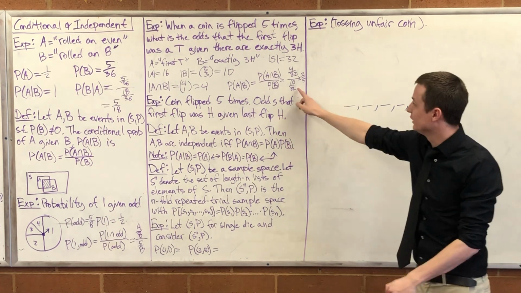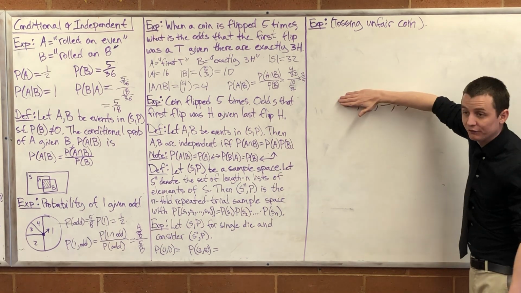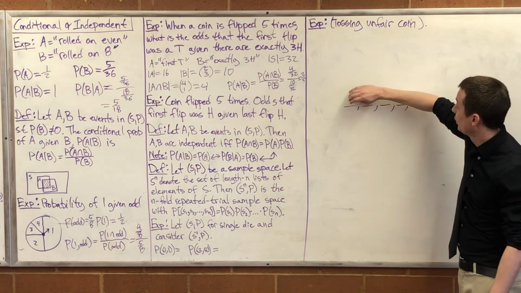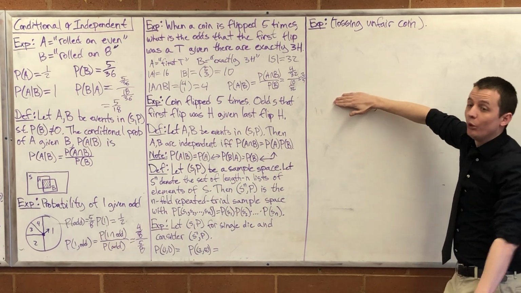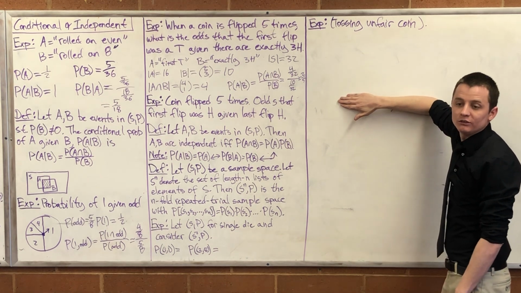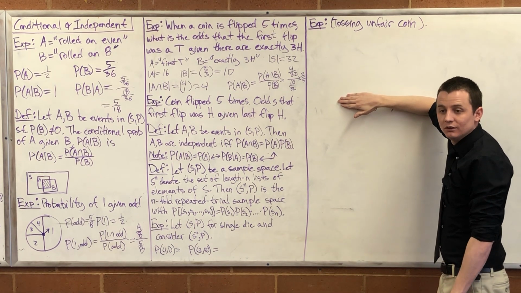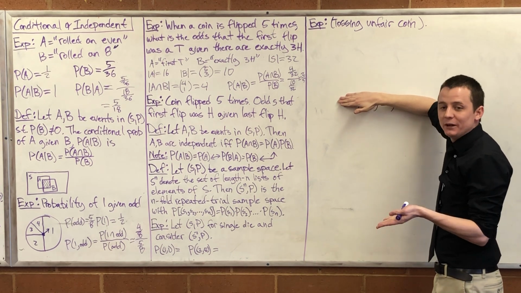Here's the way that we solved it. But you see how information about the flips tells you what the first flip is. Here's how you can help your intuition. What if I told you that all my flips were H's, what's the odds that my first flip was a tails? 0. You see how knowing information about the flips helps?